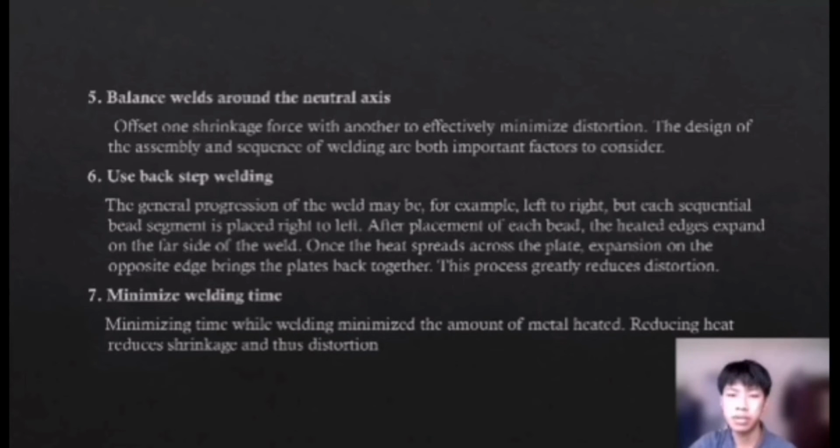Once the heat is placed across the plate, expansion on the offset edge brings the plate back together. This process greatly reduces distortion. Plus, minimize welding time. Minimizing time while welding minimizes the amount of metal heated, reducing heat, reducing shrinkage, and thus distortion.